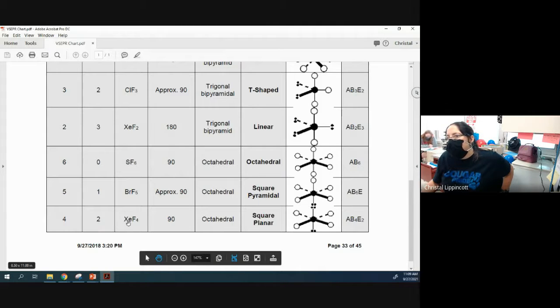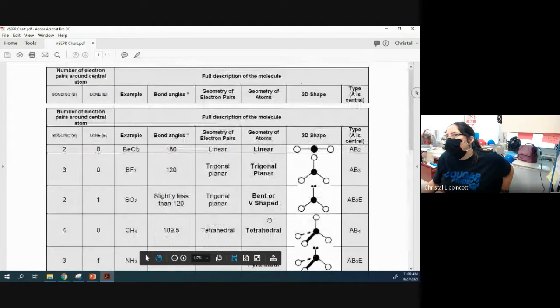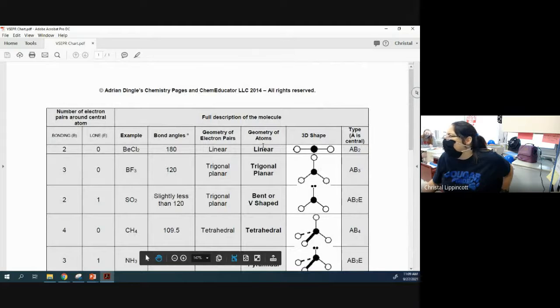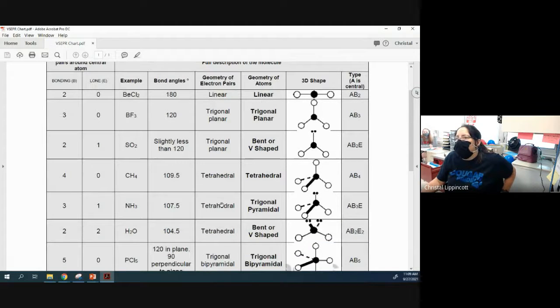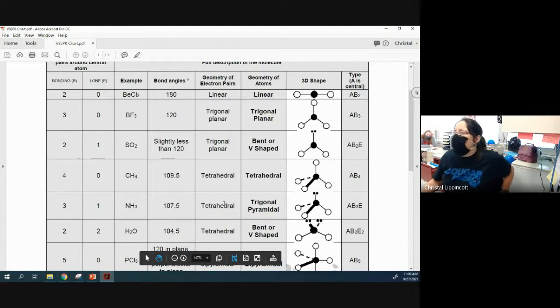But this is the one they're going to want to see: the geometry of the atoms. They care about the atoms, not the electron pair domain. That's why this one's tetrahedral: you've got 4 things, and 3 plus 1 is 4. That's where they get this column from, and it's helpful in a way.